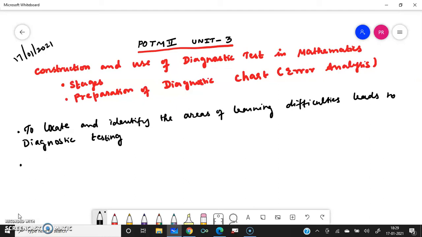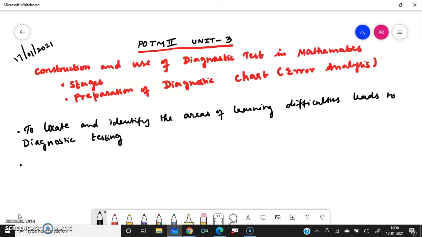For the diagnostic test, we have to understand the following points. Who are the pupils who need help? You have to locate the students who need your help. And what errors are these particular students making? And why are they making the errors? So you should remember three things.